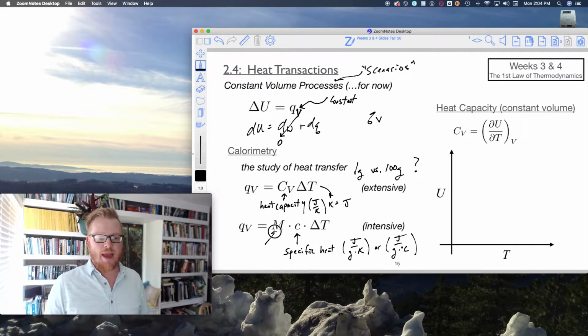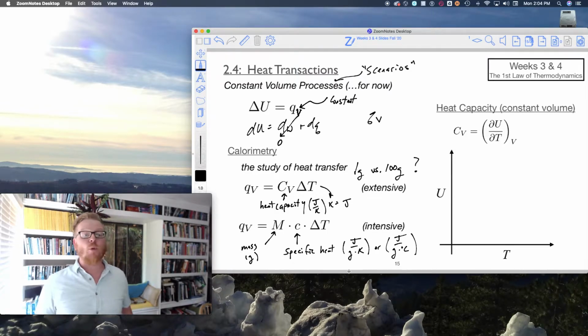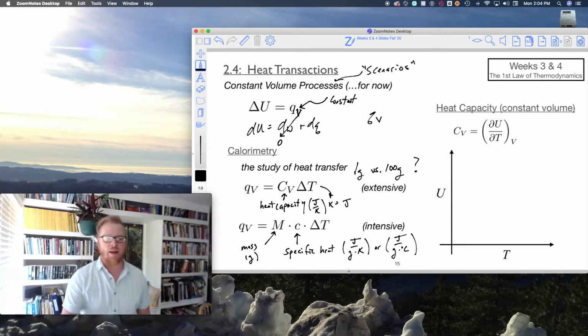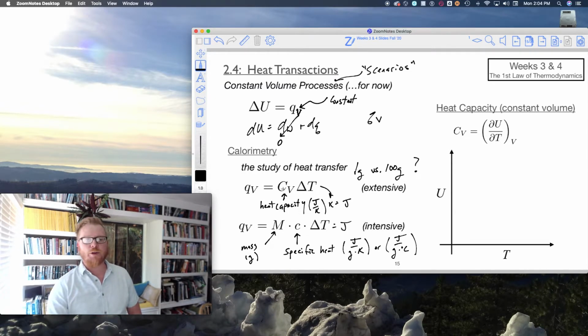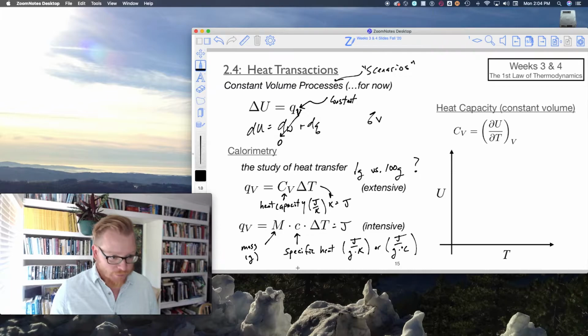The mass here, I should have written a lowercase m, apologies, is the mass of material in grams, not the molar mass. When I multiply all those units together, that also gives me joules. You're probably far more used to seeing this intensive version of the equation, with specific heat in joules per gram per Kelvin, but we also can have the extensive one, just joules per Kelvin.